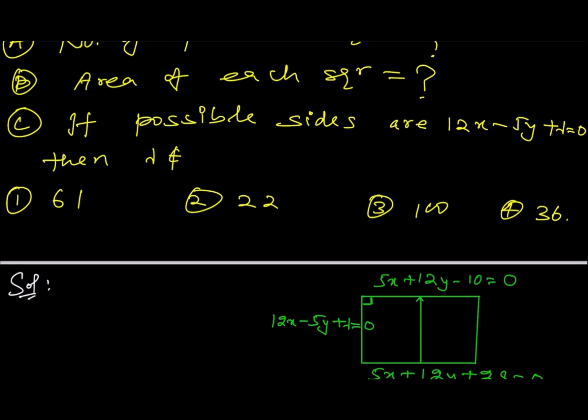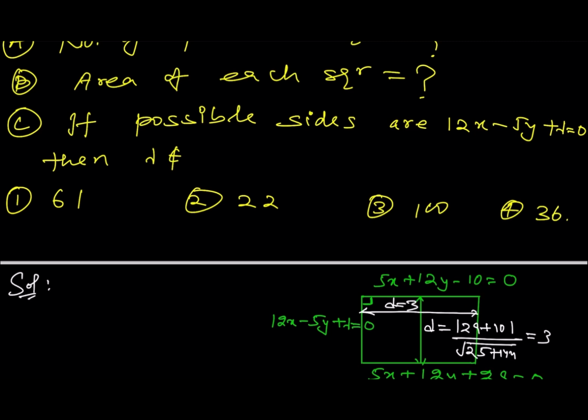So this t is equal to mod of 29 plus 10 upon root over 25 plus 144. So 39 upon 13, which is 3. So this distance is 3. So this distance will also be 3.